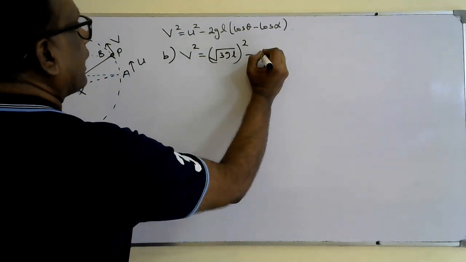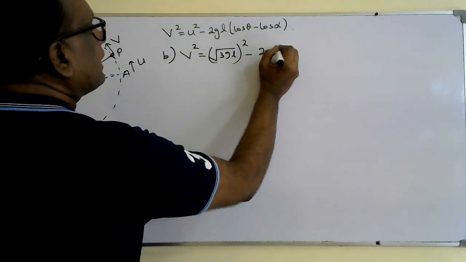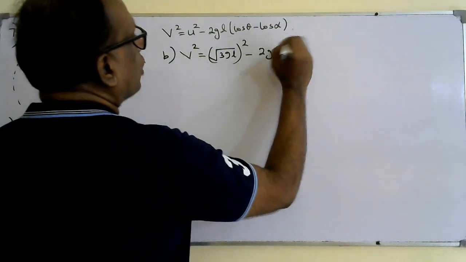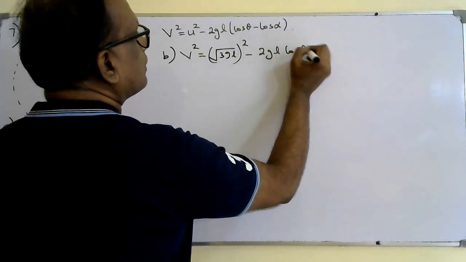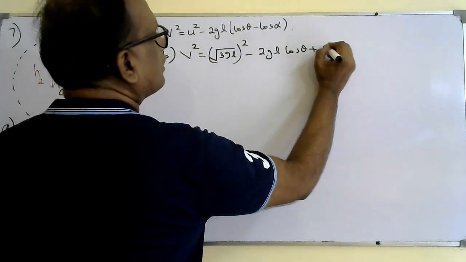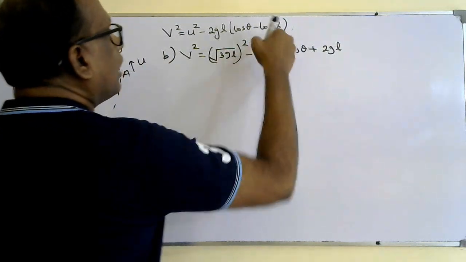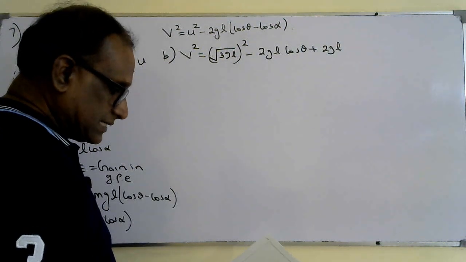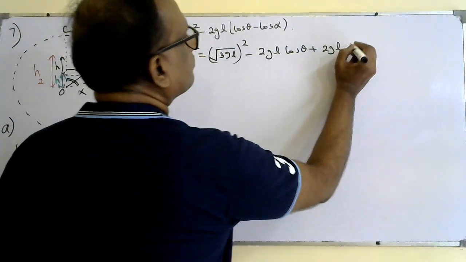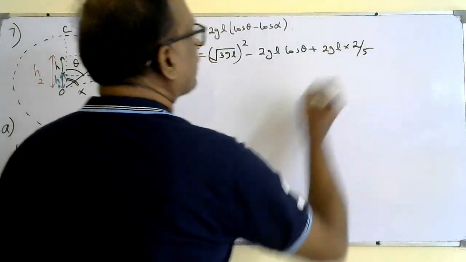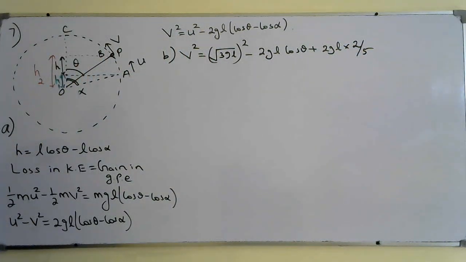Square root of 3gl, all things squared. That is u squared minus 2gl cos theta plus 2gl cos alpha, and cos alpha is given as 2 by 5. Solve this one.